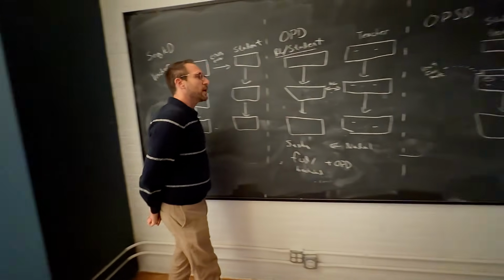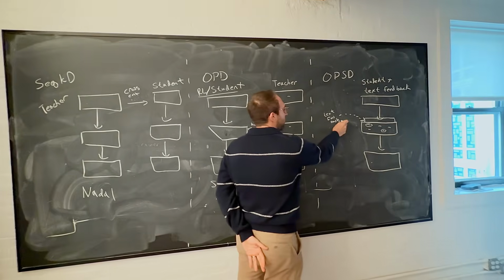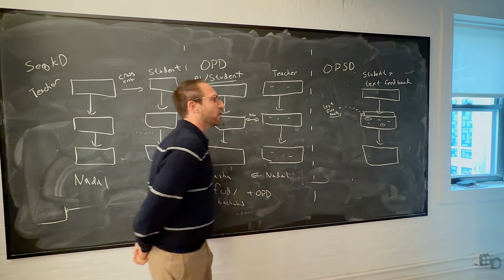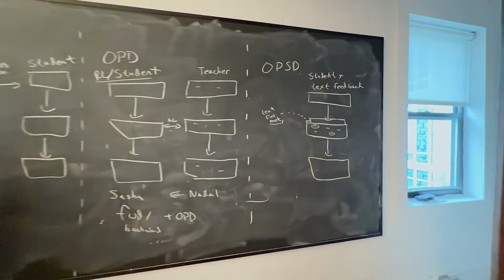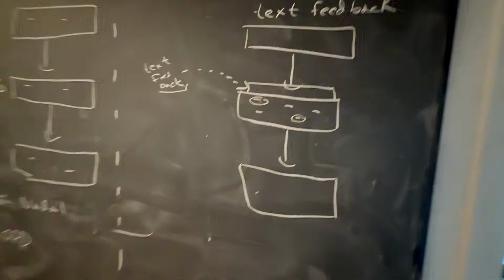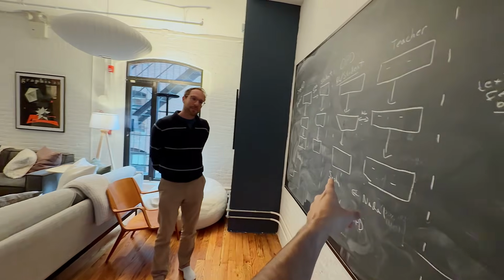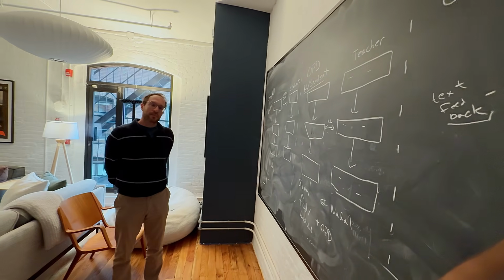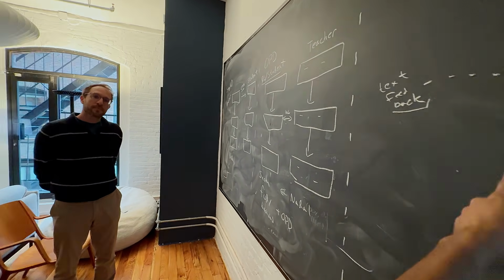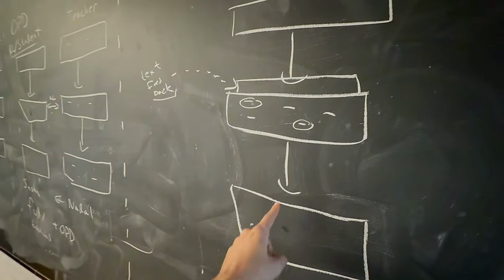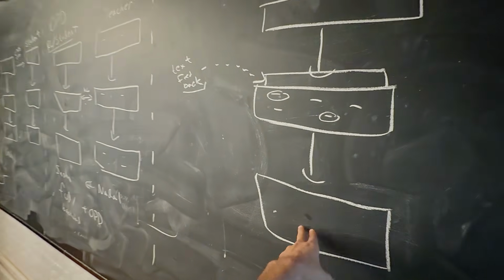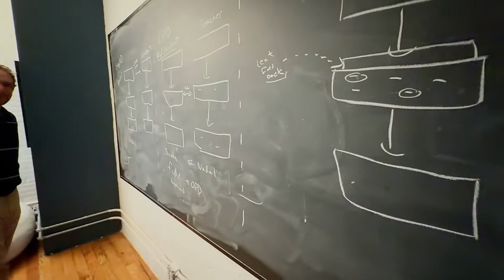Yeah, right. So the question is if the text feedback is not strong enough or maybe ill-targeted. Or suppose there's another error like here, but if you're on policy, the student would have already gotten stuck here. Yeah, that's right. And the student would already have gotten stuck here, and then it would never encounter this additional improvement.